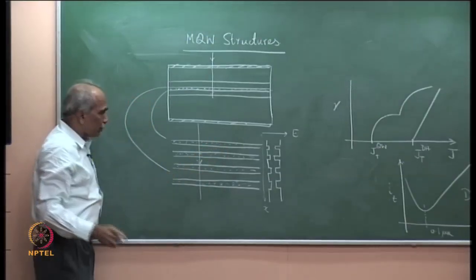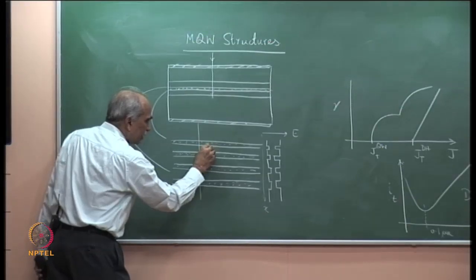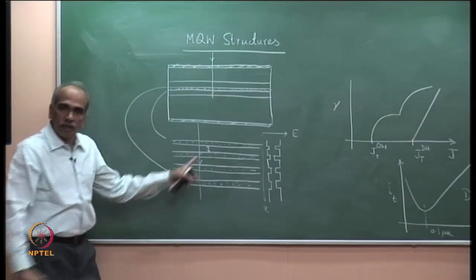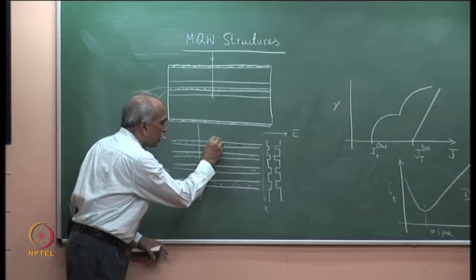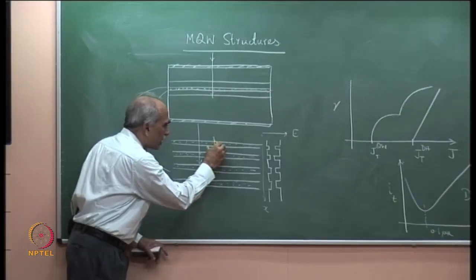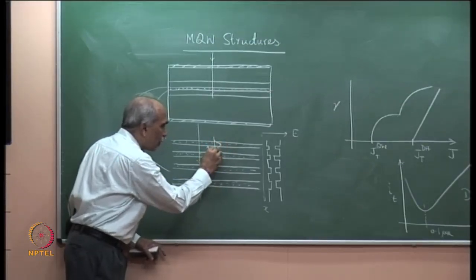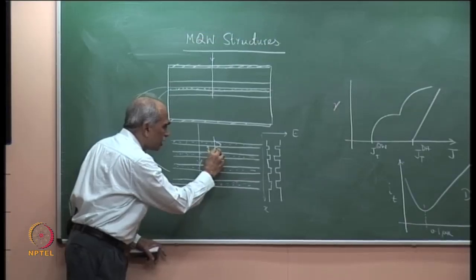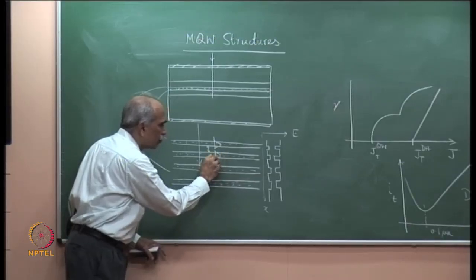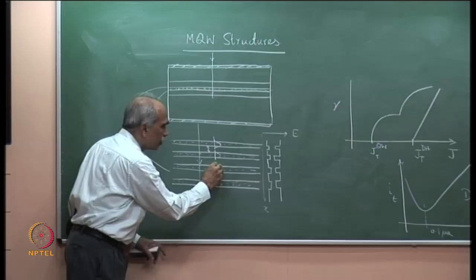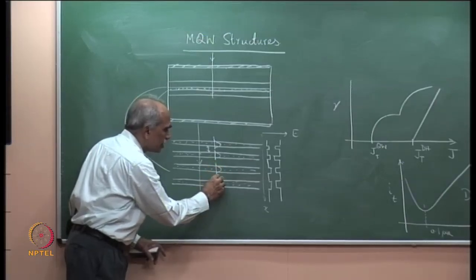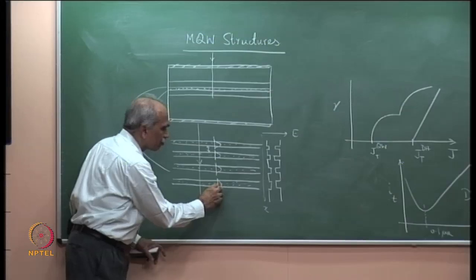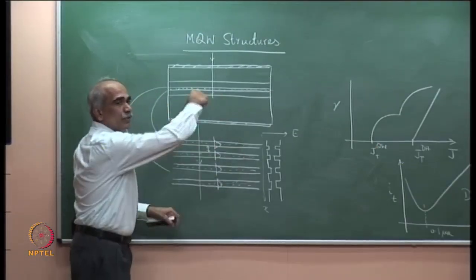In an MQW structure, the barrier thickness is sufficiently large so that the electron wave functions do not interact, they are isolated. What I have now plotted is not optical mode, please remember this is electron wave function. This is electron wave function. Whenever you have doubt, you just rotate this.